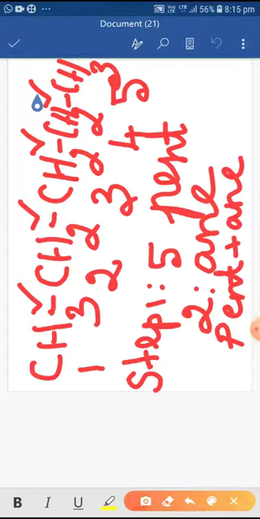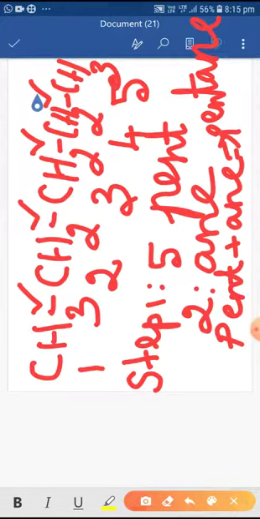Pent is the root word, ane is the suffix. So the compound name is pentane. Is that clear? This compound is linear, with no branches. This organic compound is linear in structure.